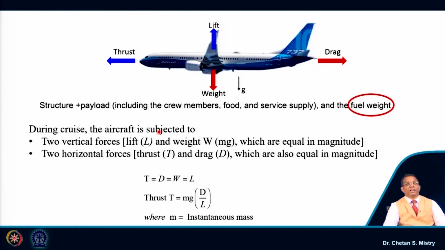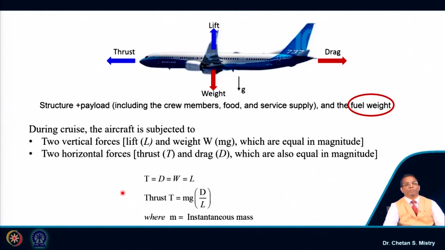So, during the cruise condition I have two vertical forces, lift force and weight force, which are of equal magnitude. At the same time my horizontal forces, thrust force and drag force, are also of equal magnitude. So, we can write that under the cruise condition my thrust, drag, weight and lift are in balance.